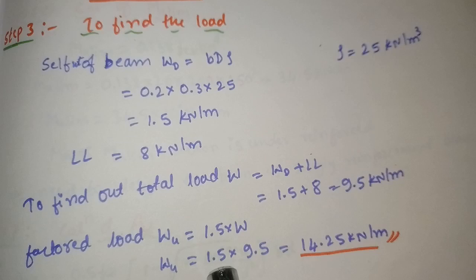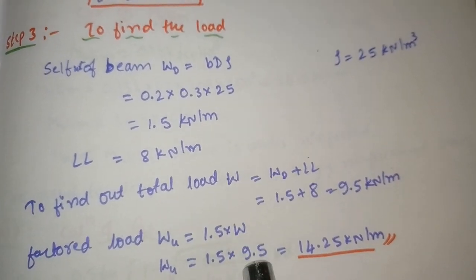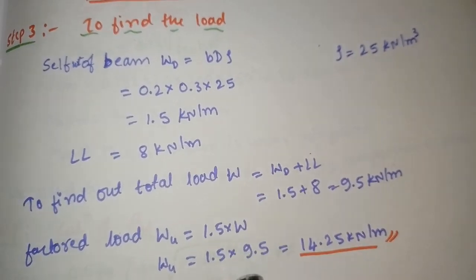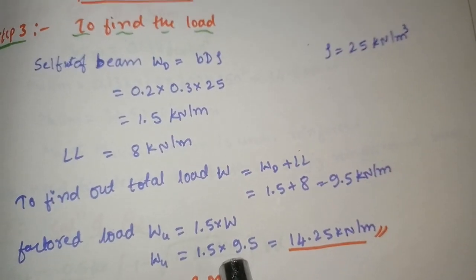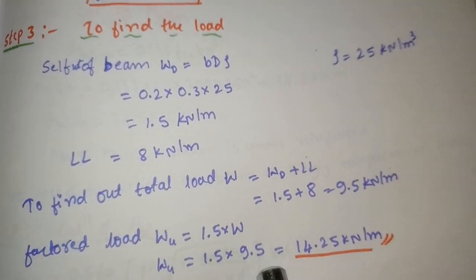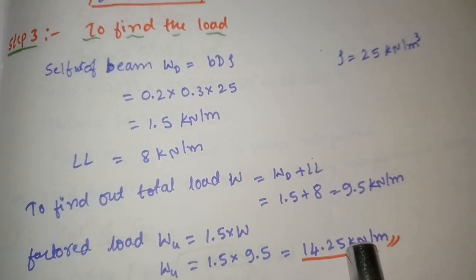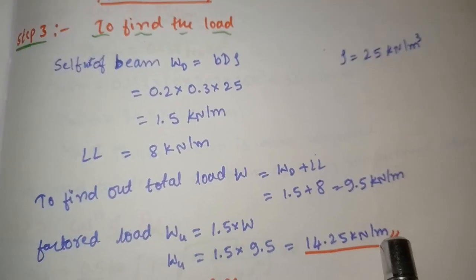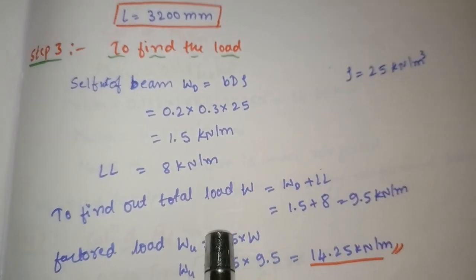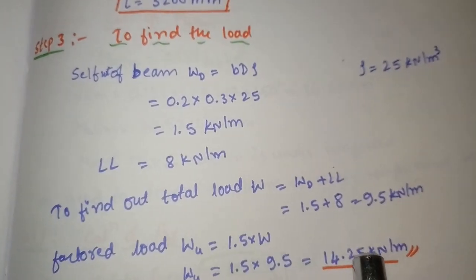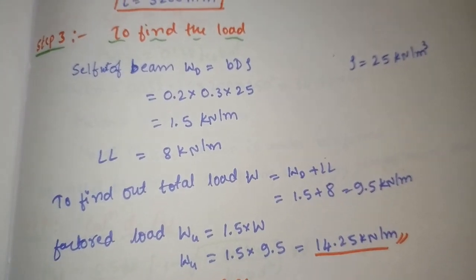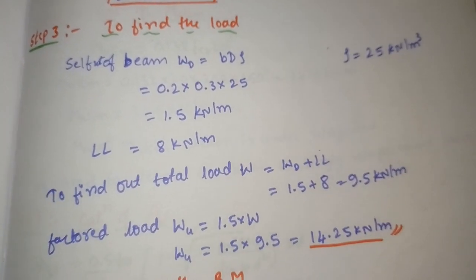So WU is equal to 1.5 into 9.5, our value of total load. Substitute all the values. After simplifying, we'll get our factored load value as 14.25 kilonewton per meter. So this is how we calculate the load. I hope you understood.